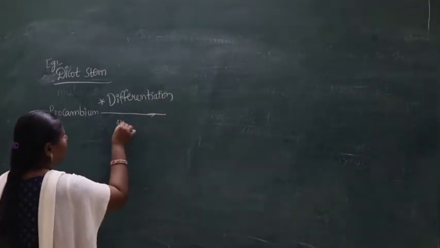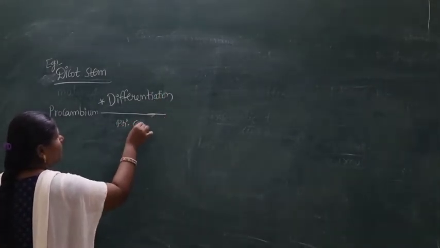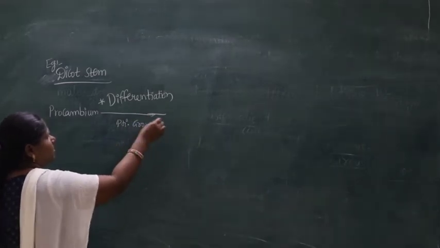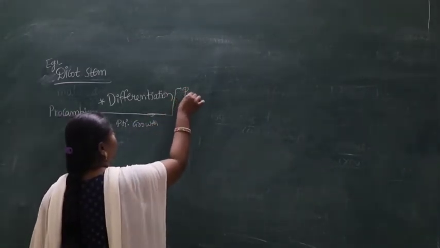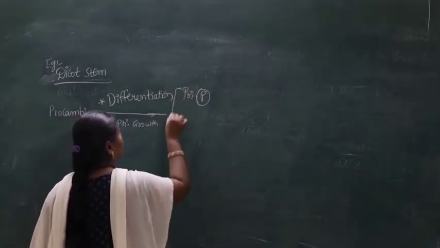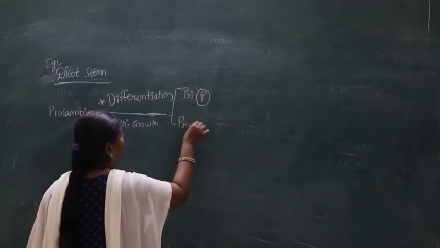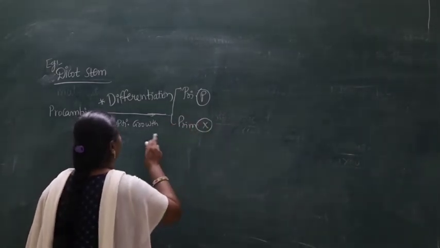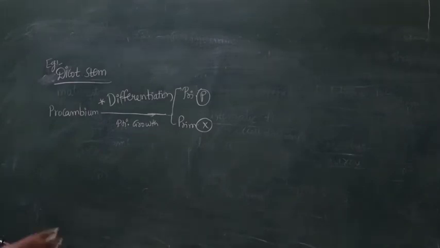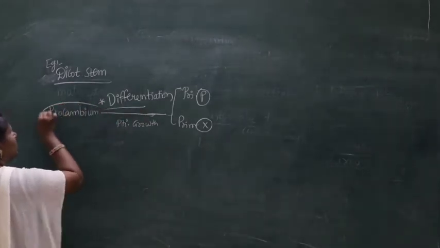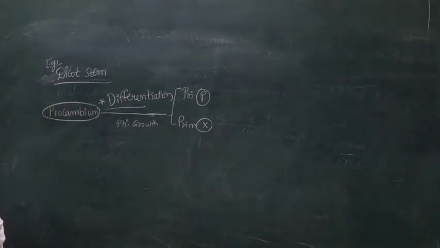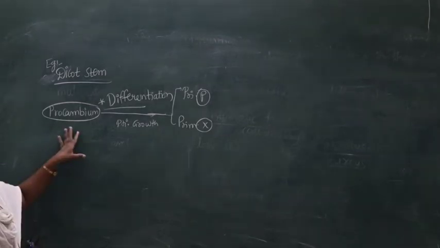It will undergo primary growth. What does it produce? Primary phloem and primary xylem. This formation is a good example for what? Differentiation. Yes or no?